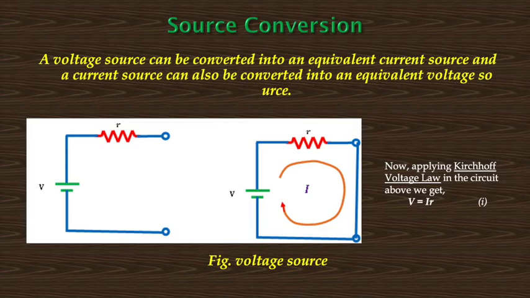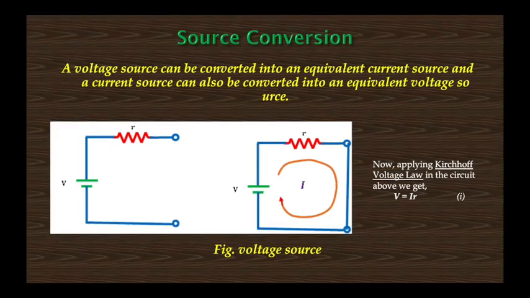Let us consider a simple voltage source along with a resistance R connected in series with it. This series resistance normally represents the internal resistance of a practical voltage source. Now, let us short circuit the output terminal of the voltage source circuit as shown in the figure.